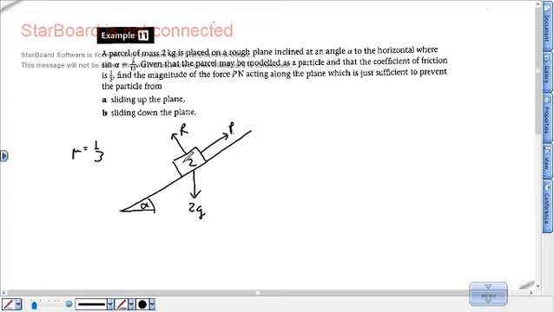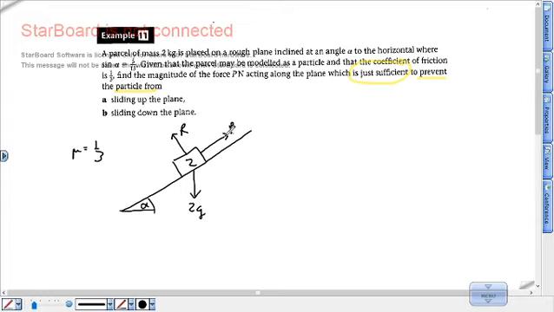Now, you have to think about this, because it's just sufficient. The word there is really important. Just sufficient to prevent the particle from sliding up the plane.